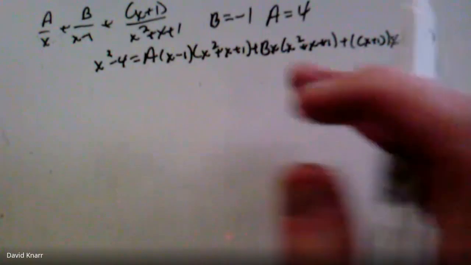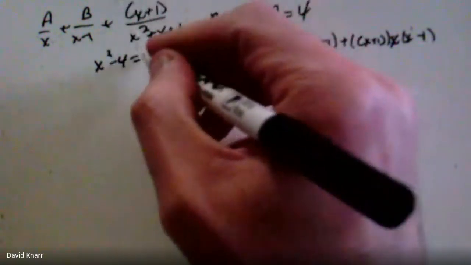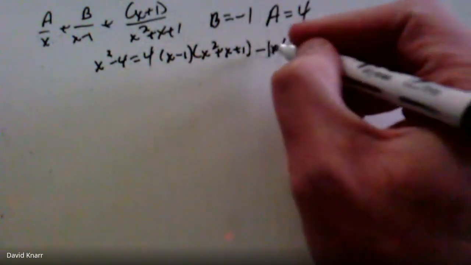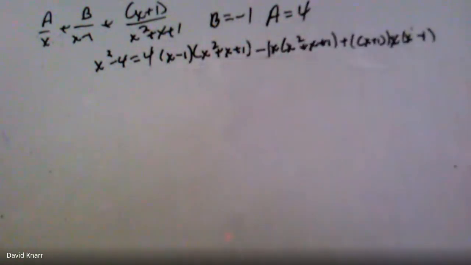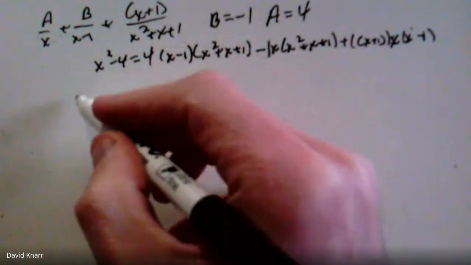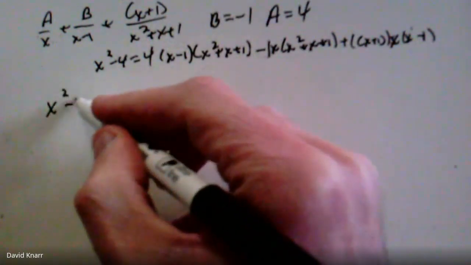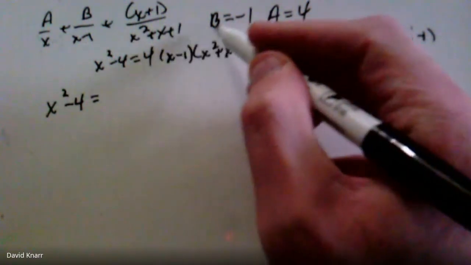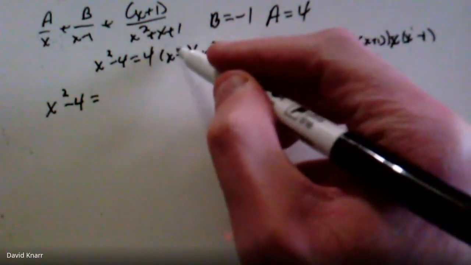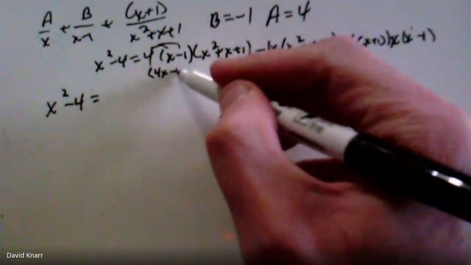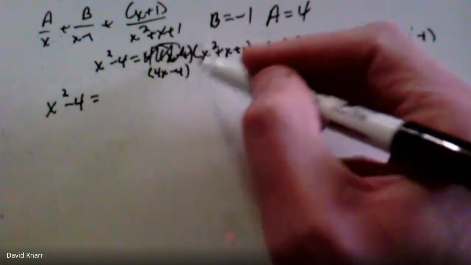Or the other thing you can do is replace the A with the 4 and the B with the -1, and you can now FOIL this. It's up to you. I am going to FOIL it because I just want to show you what happens. All right, so you get x squared minus 4 equals, if I FOIL this, let's see, how can I do this? Let's FOIL this first. It gives me 4x minus 4, and then I'm going to FOIL it with this.